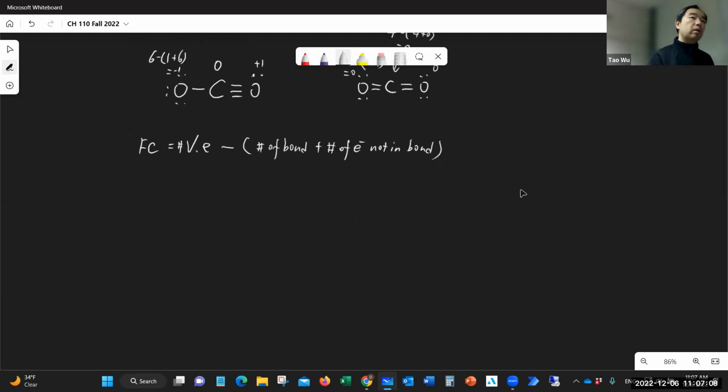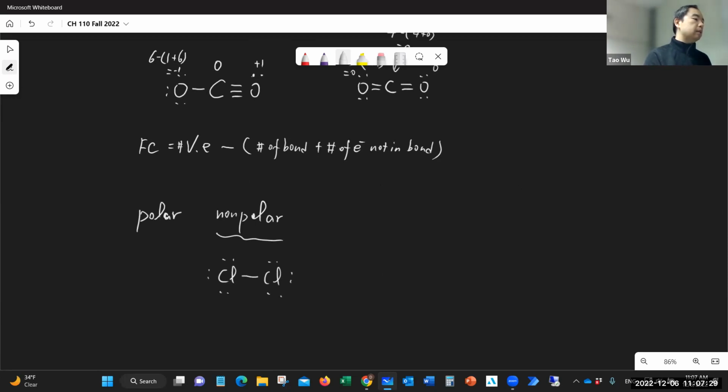And we also talked about polar and non-polar by definition. What is polar? What is non-polar? Non-polar is easy to determine. As long as this bond, which one is a polar bond, which one is a non-polar bond.